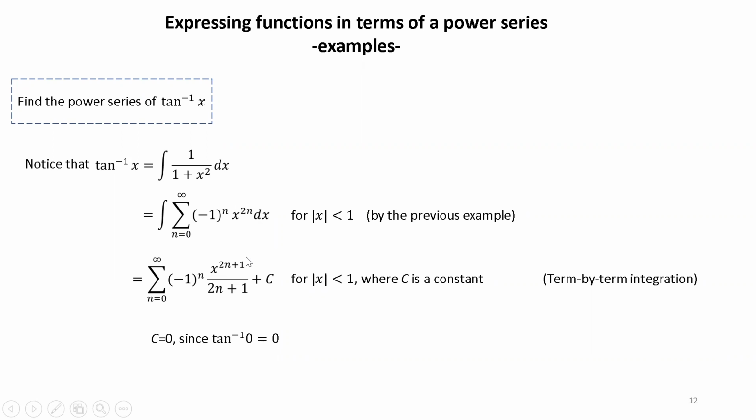Because you are doing an indefinite integral, of course you need to remember the integration constant c. It is straightforward to figure out c, because for arctangent 0, the right hand side will also have to be 0. Then you obtain the power series of arctangent x, which is given by this.